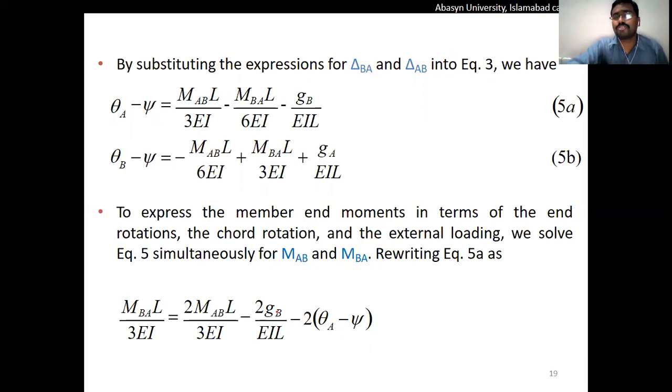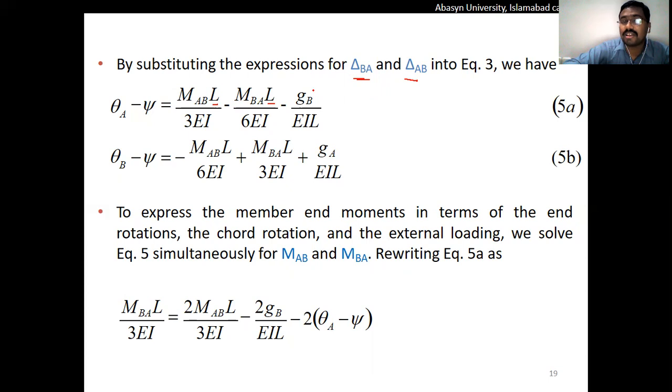Now, if we substitute these equations, 4a and 4b, which are related to delta BA and delta AB, into equation 3, which is delta over L, the value of delta we have received from equations 4a and 4b. When we divide that by the length L, the square terms are reduced, so we only get the length L, with no square term.